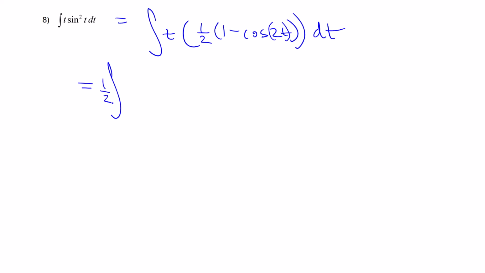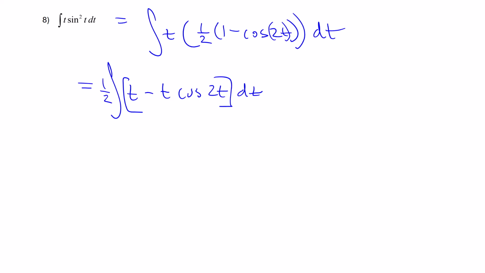So we're really working with 1/2 times the integral of, if you then distribute the t to both terms that were in the 1 minus cosine 2t parentheses, we're looking at the integral after the 1/2 of t minus t times the cosine of 2t dt. And if you want to put that all in brackets to keep clear what is the integrand, that's fine.